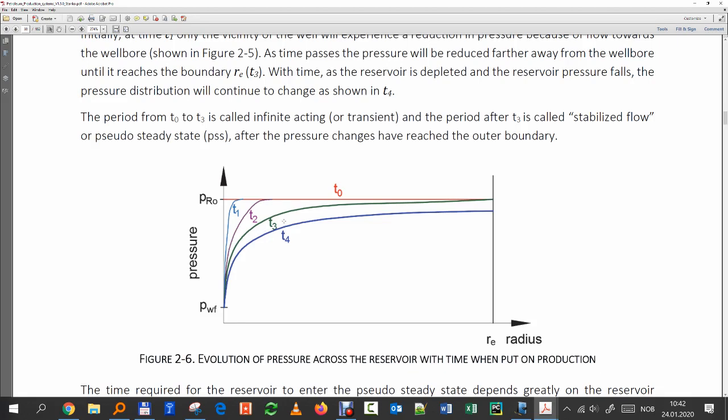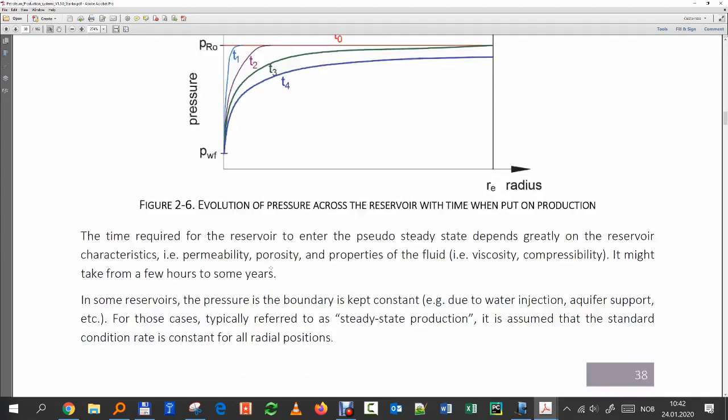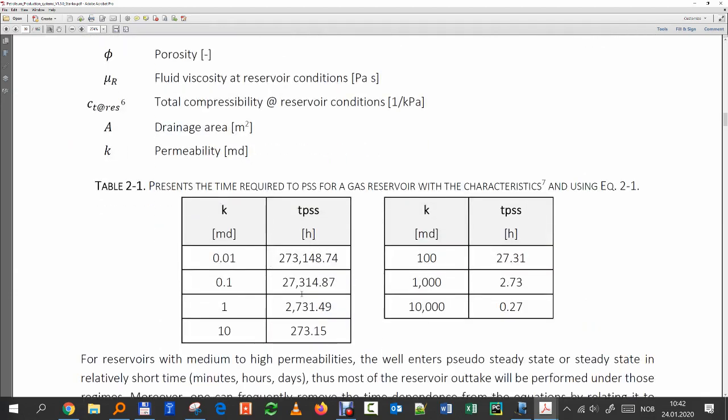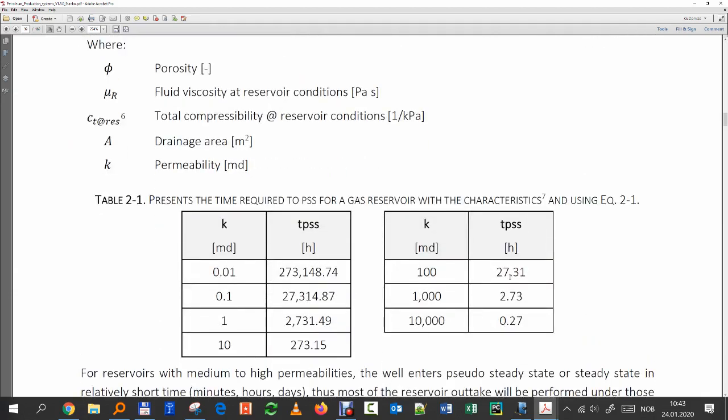The thing is that period is usually short for medium to high permeabilities. Okay, here you have some times that are calculated. So really, it's not significant for the whole production horizon. Okay, if you say your field is producing for 20 years, probably will be in transient a low percentage of that time.